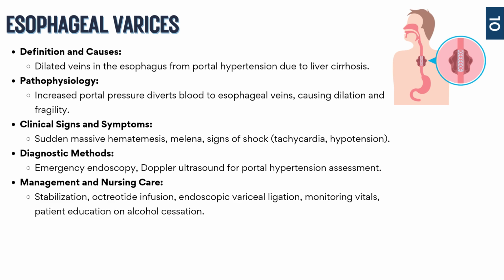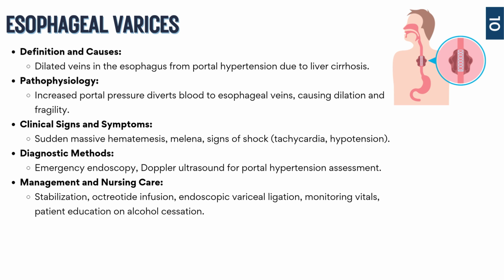The increased pressure in the portal venous system causes blood to be redirected to the esophageal veins. So portal, liver. The increased pressure in the venous system around the liver causes the blood to be redirected to the esophageal veins. And they're not used to handling that much blood volume and pressure, so they dilate, they expand, they get bigger.